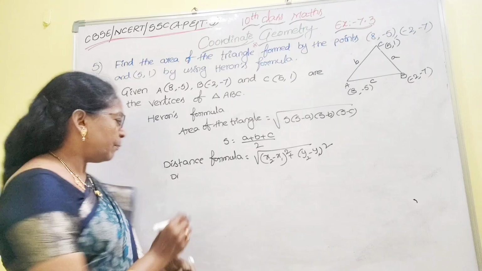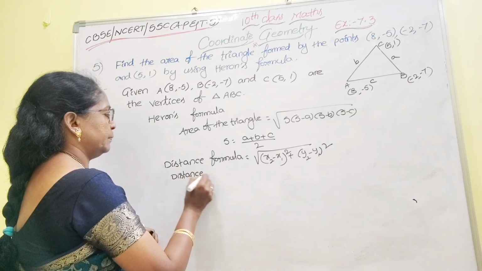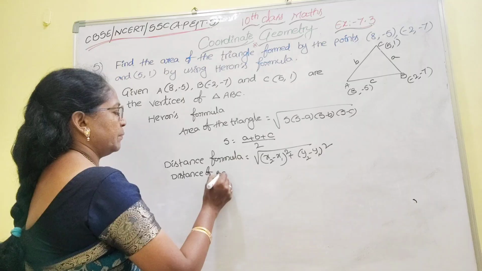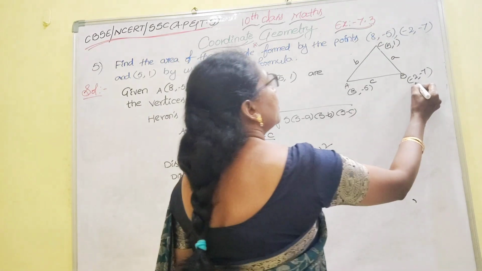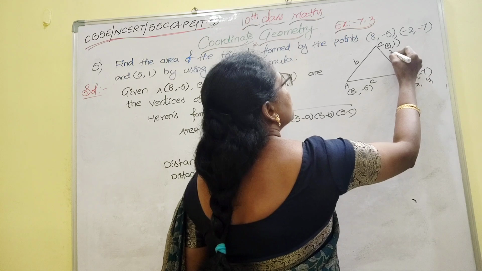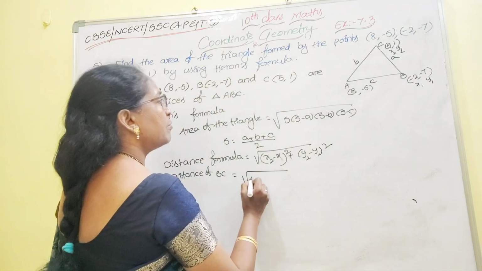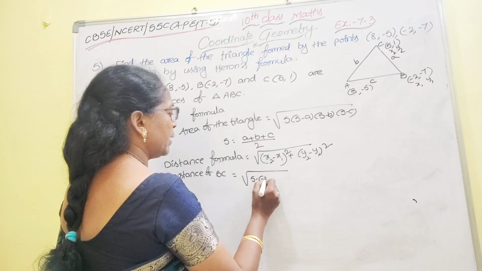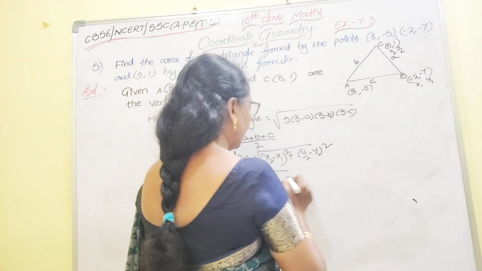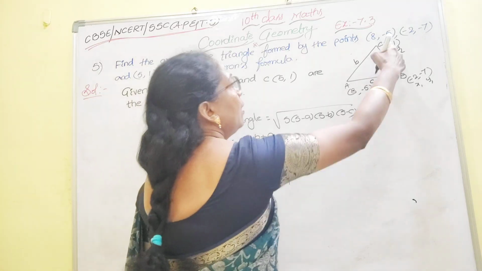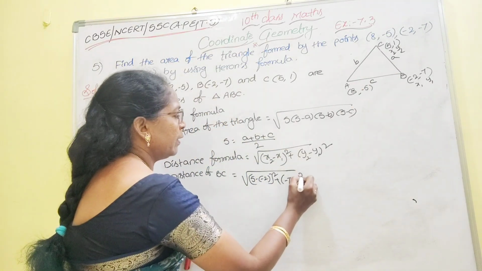Next, distance of BC equals square root of... for B and C, I have to consider x1, y1, x2, y2. So (x2 minus x1) is 5 minus of minus 2, whole square, plus y2 equals 1 minus of minus 7, whole square.